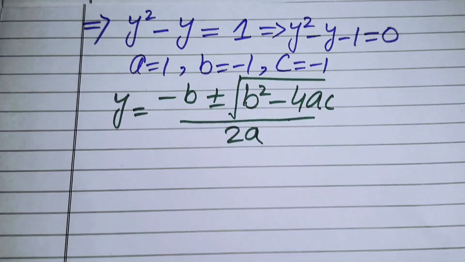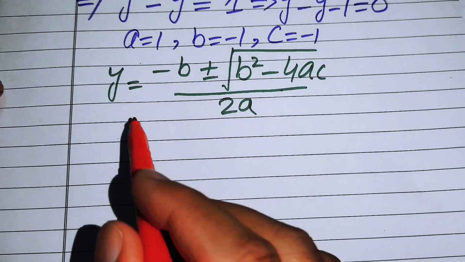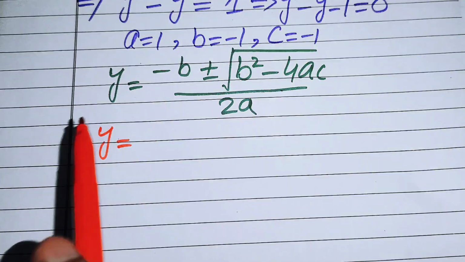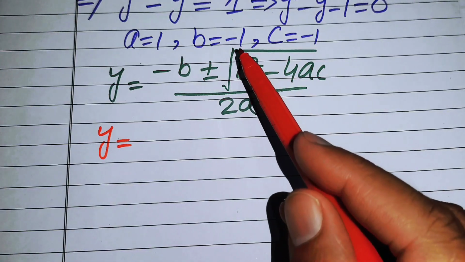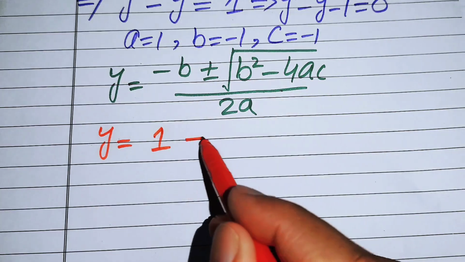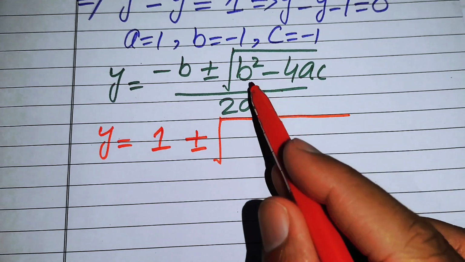And now we put all the values of a, b and c in this formula, and you will get its output in the form of y equals -b, and the value of b is -1. So when you put it here, you get plus 1, plus or minus the square root of b squared.